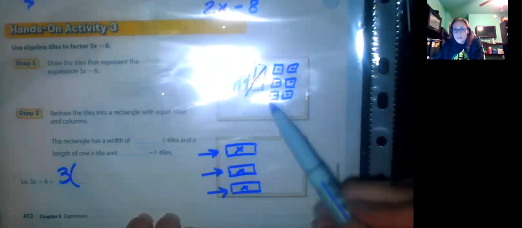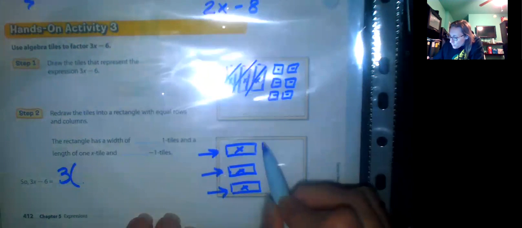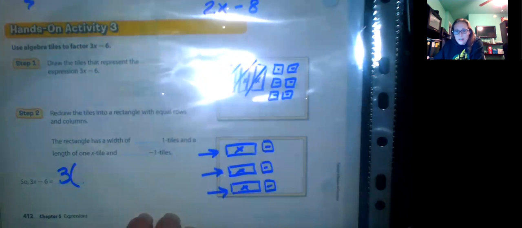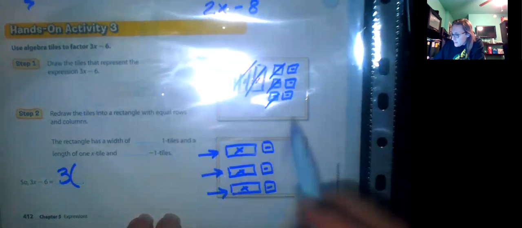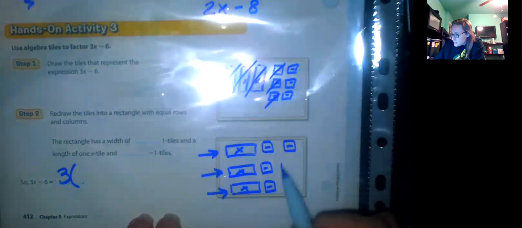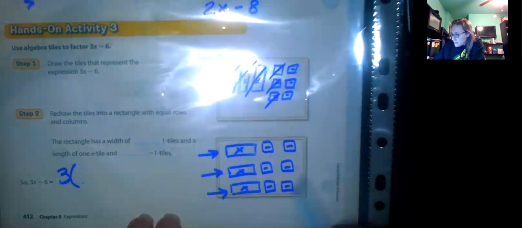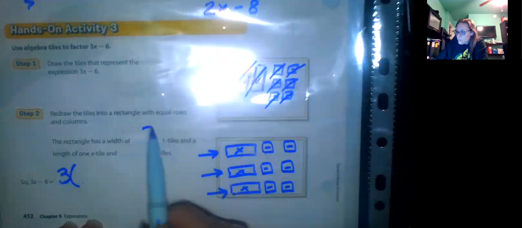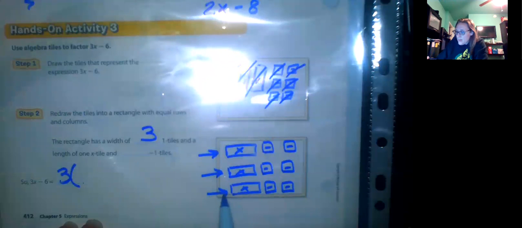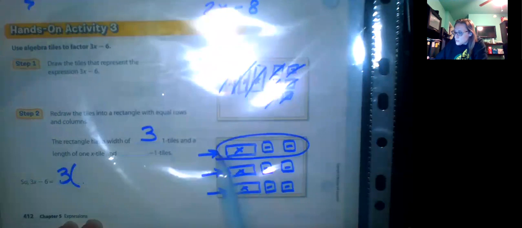Now we got rid of these. Now we need to get rid of our negatives. So if I put 1 here, 1 here, and 1 here, I've just gotten rid of 3 of them. And then I put another one, and another one. 1, 2, 3. Okay, so I have 3 rows. And then what's inside each row?